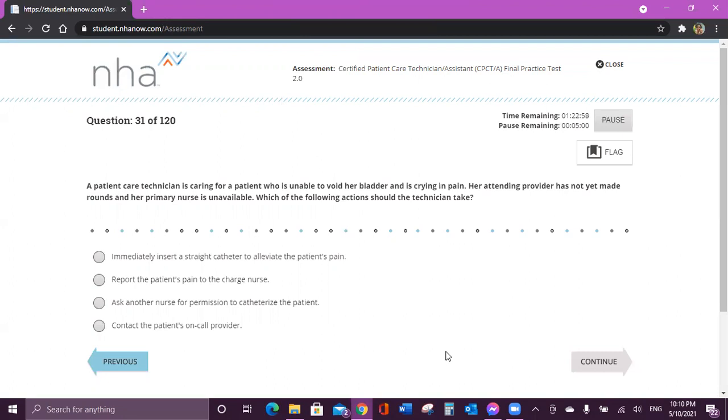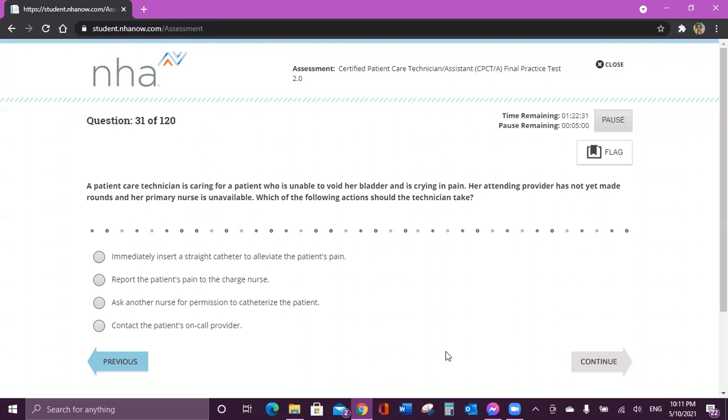A patient care technician is caring for a patient who is unable to void his bladder and is complaining of pain. His attending provider has not yet made rounds, and his primary nurse is unavailable. Which of the following actions should the technician take?